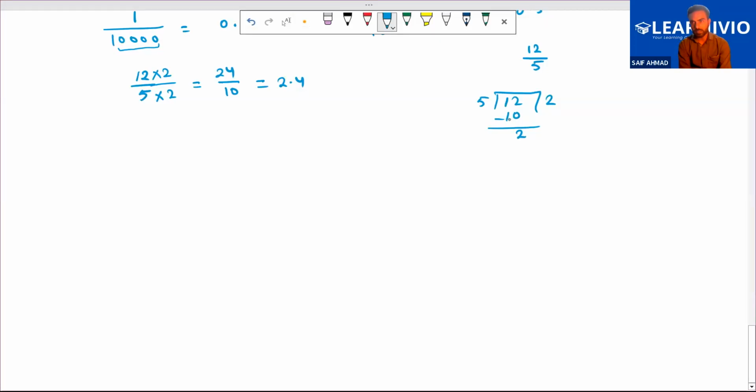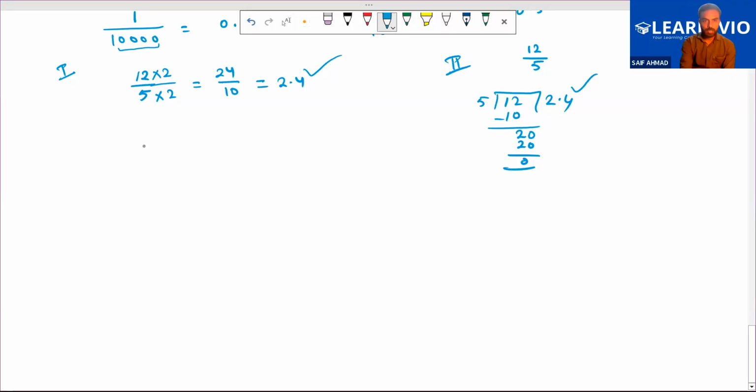If you don't have any digit, you have to put a decimal here. After putting the decimal, you can add an extra zero. Adding the extra zero, 5 fours are 20. Here the answer is the same. You can see you got the same answer. This is the first way, and this is the second.